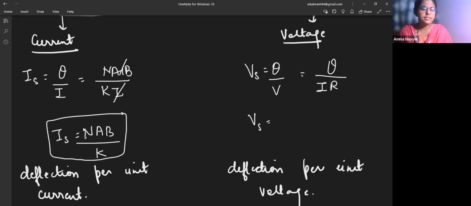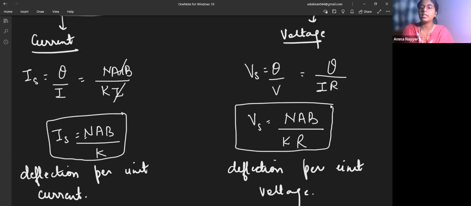Resistance will be there in your answer. See, theta by I is actually current sensitivity, right? So what is the value of current sensitivity? NAB divided by K. This is theta by I. And what about this? This is voltage sensitivity.